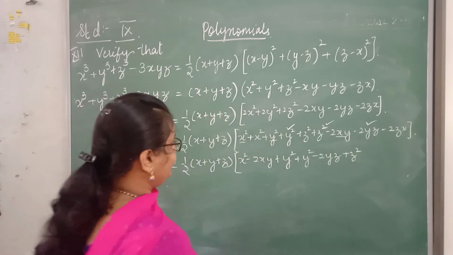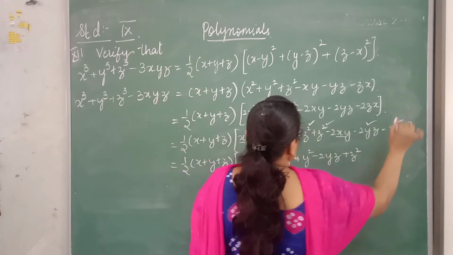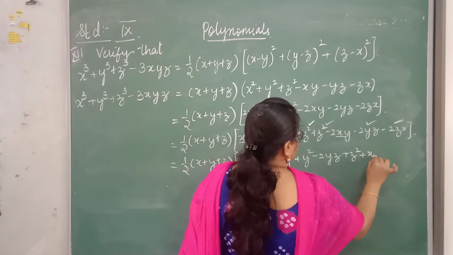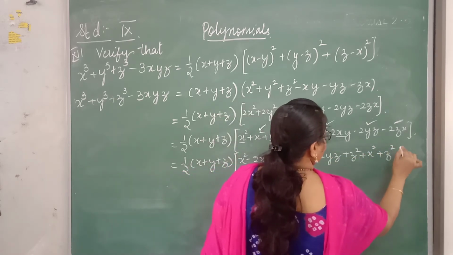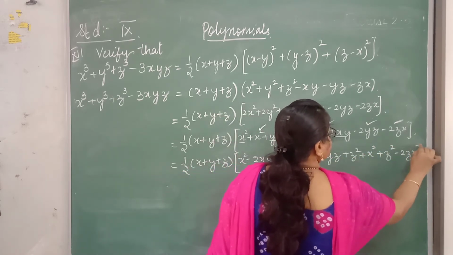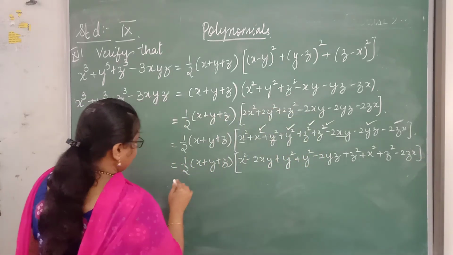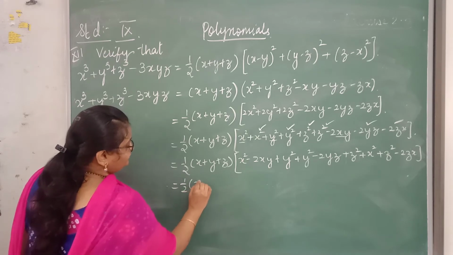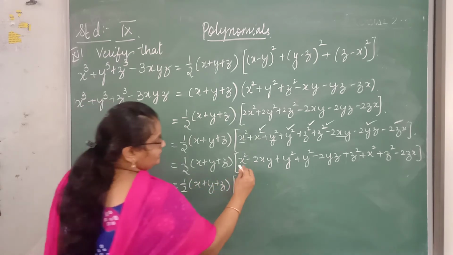Then the remaining is x square, z square, 2zx, that is x square plus z square minus 2zx. So now I can rewrite this as half into x plus y plus z into, observe here.